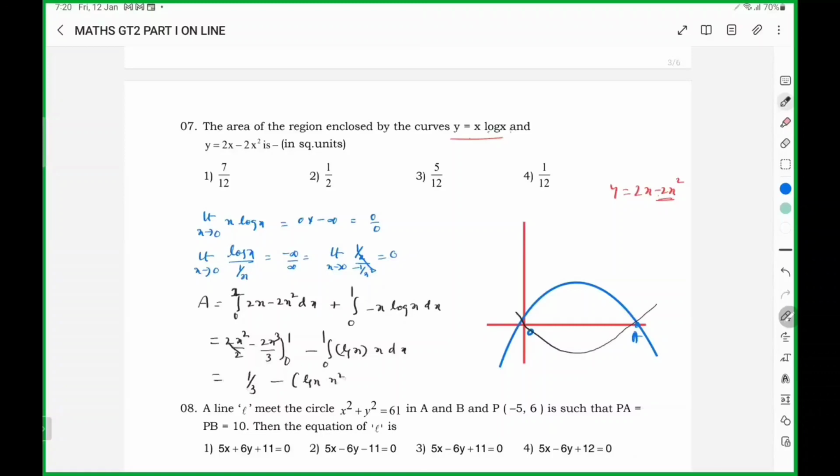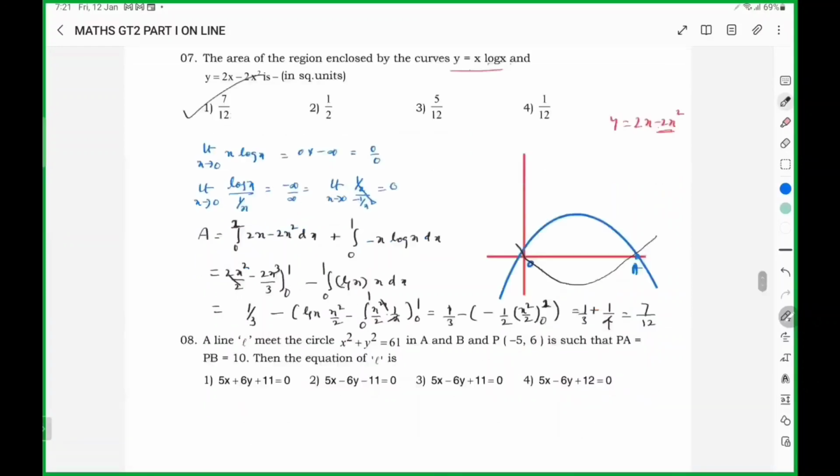For the second, log x, x square by 2, minus the integral of x square by 2 into 1 by x. So here we get 1 by 3 minus log 1 into 0. As x approaches 0, this will be 0, minus the integral from 0 to 1 of x by 2, plus 1 by 4, giving 7 by 12.